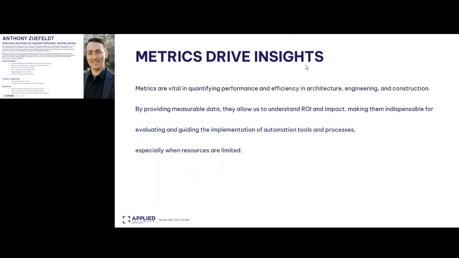We're not a Google. We're not an OpenAI with hundreds of millions, or I guess billions of dollars in funding. We've got to pick and choose what we go after. Metrics help drive those insights to inform us of where we can apply our limited resources.